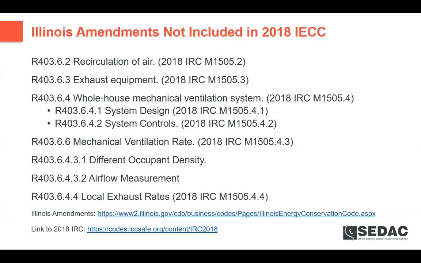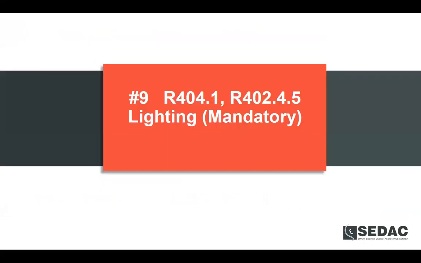These links are also provided on our website, SEDAC.org. If you run into any challenges and wonder what that link was again to the amendments or the international codes, you can come to our website, SEDAC.org, and on the upper right-hand corner, it'll be energy code is what you're looking at. So with lighting, we'll turn it over to Robert.